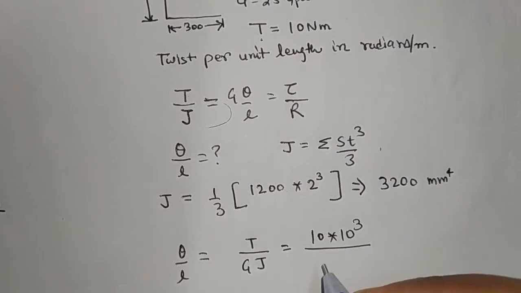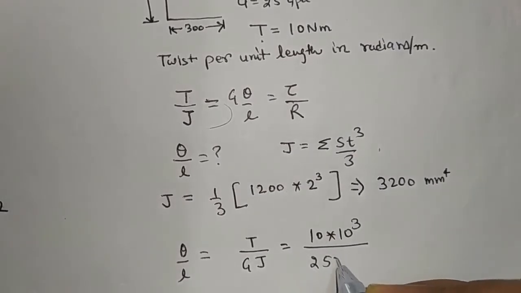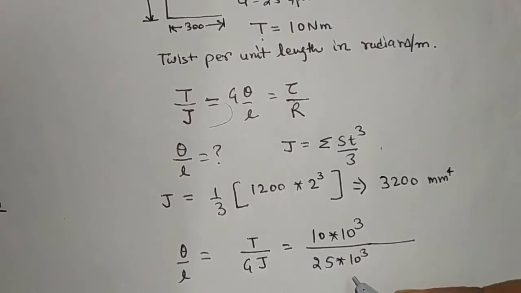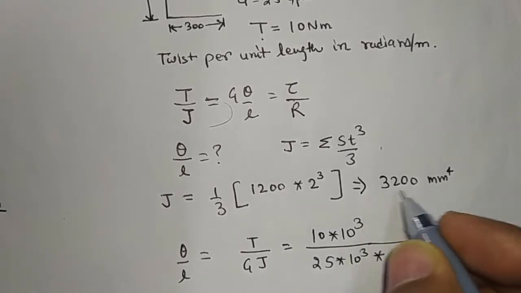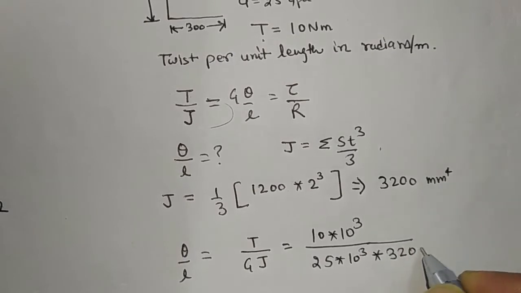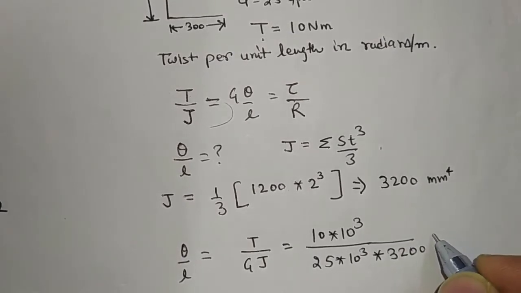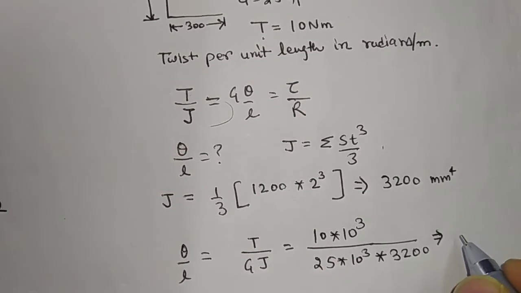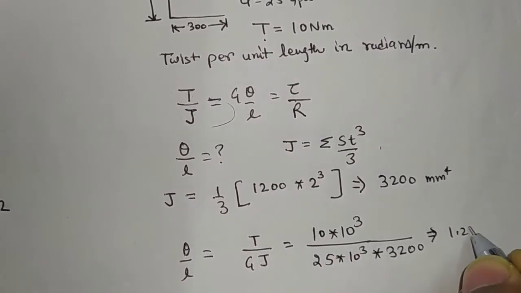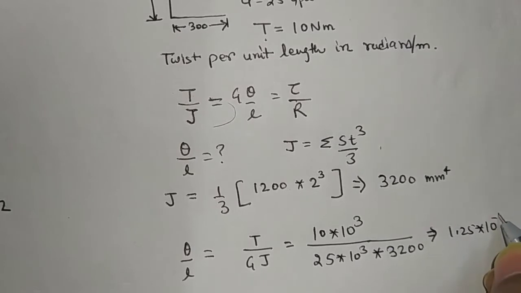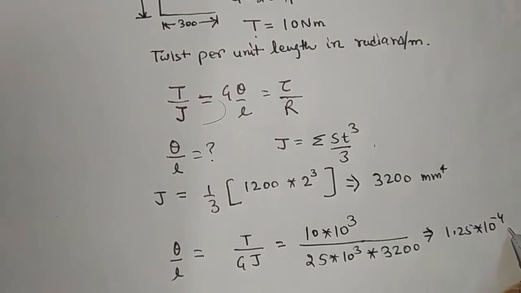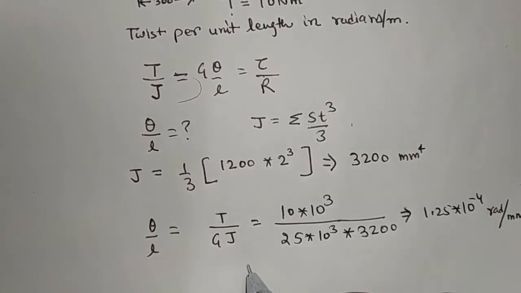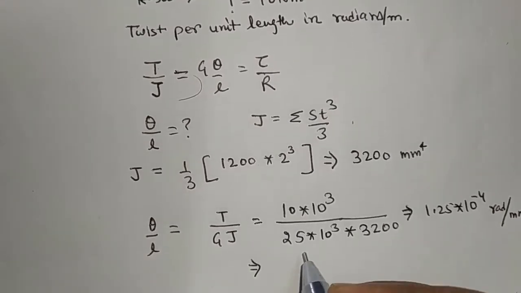G is given as 25 GPa, which is equal to 25 into 10 to the power 3 Newton per millimeter square, into we have to multiply by J. After solving this, we get the value of 1.25 into 10 to the power minus 4 radian per millimeter, but we have to give the answer in radian per meter.